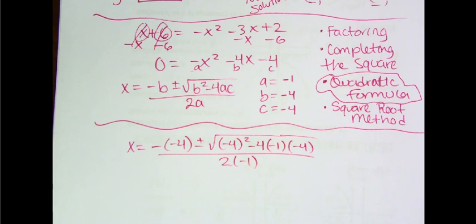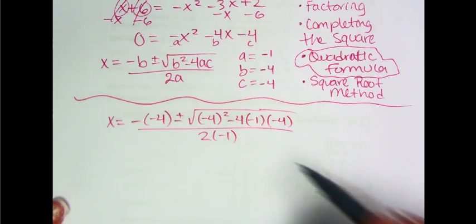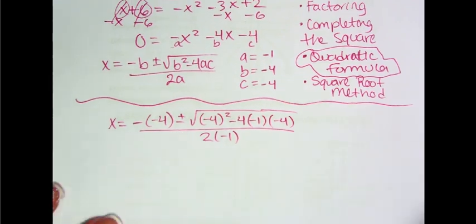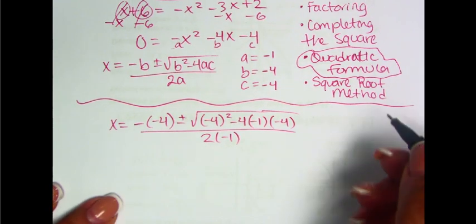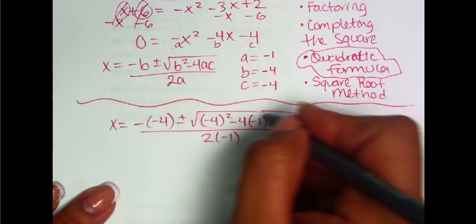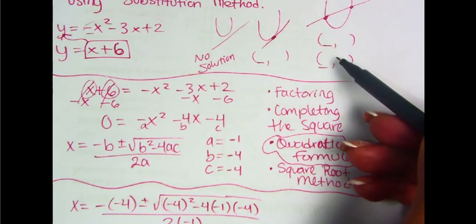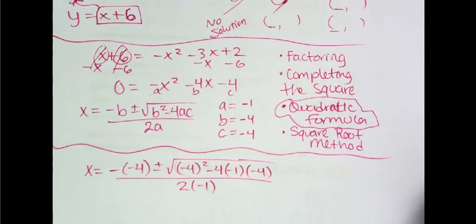If you feel like you need to pause or rewind this video, please go ahead and do so, that way you can truly understand how we substituted these values. The easiest first step is to find the discriminant, the value inside the square root. That will tell you whether you're going to have two solutions, one solution, or no solution.